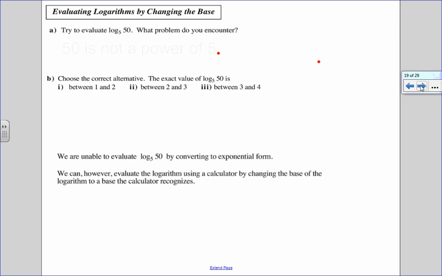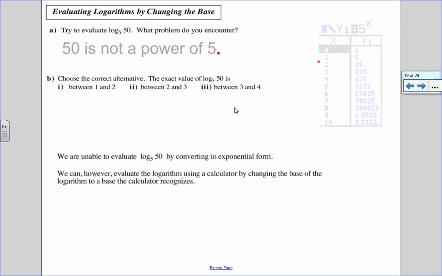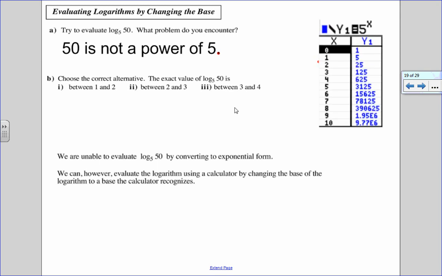If I asked you to evaluate log base 5 of 50, what problem do we encounter? Well, 50 is not a power of 5, because normally I would ask myself, 5 to what exponent gives me 50? And you can see using my table of values there, my powers of 5, 50 is not one of the powers of 5. So we have to see where it is approximately.